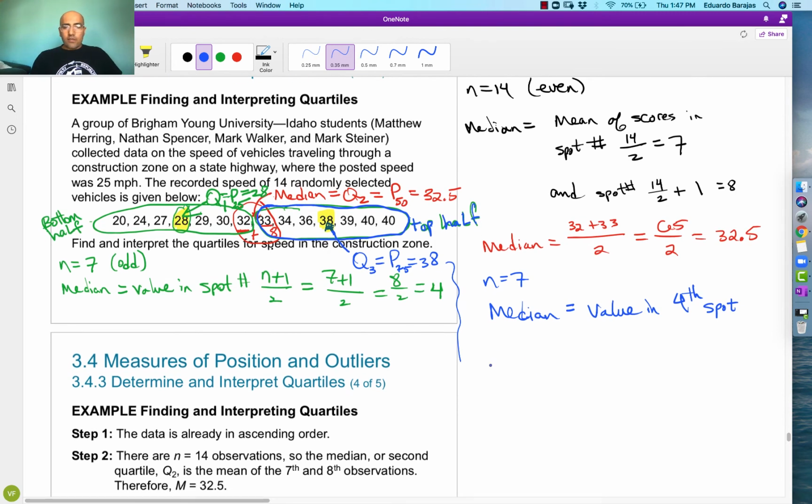So Q sub 1, we discovered that Q sub 1, which is also known as P25, is equal to the 28. Q sub 2, also known as P sub 50, also known as the median of the entire original data, is equal to 32.5.